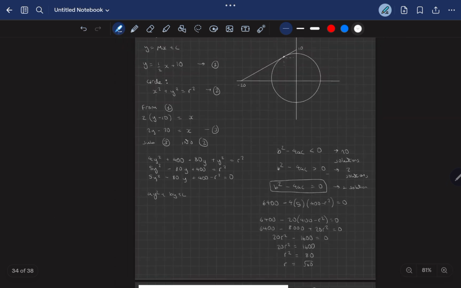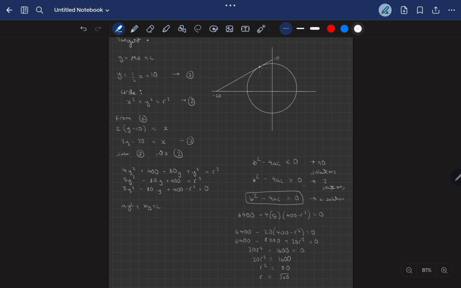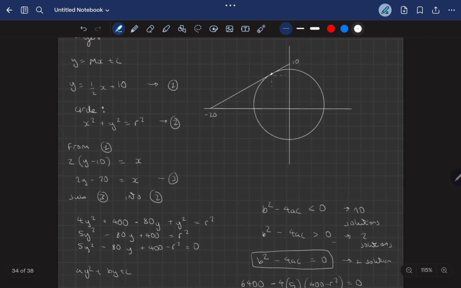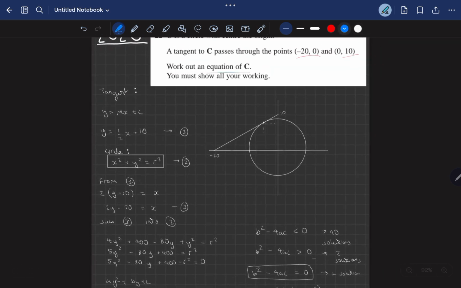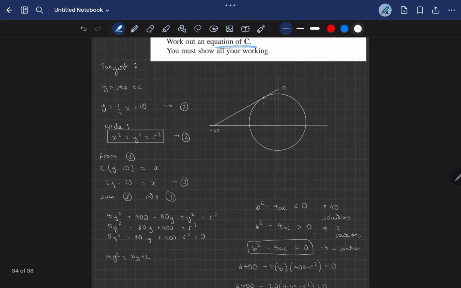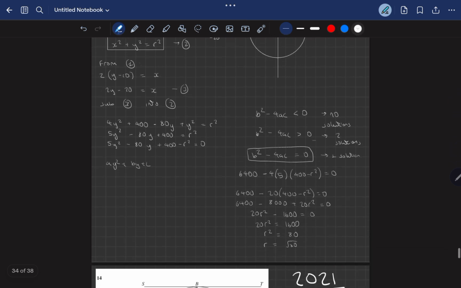However, remember, we are looking for the value of r squared. So we don't need to find the value of the square root of 80, because the question just says, work out the equation of C, and the equation of C includes r squared. So the answer is x squared plus y squared is equal to r squared, which is just 80. And this is our answer.